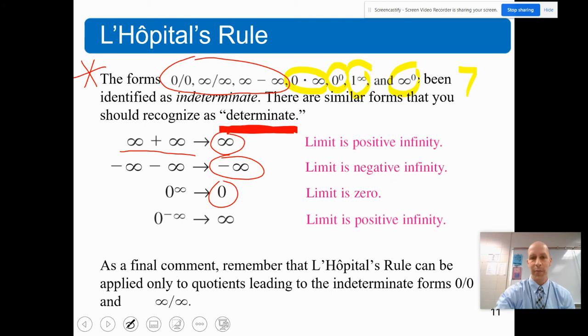Notice that's a little bit different than this one up here: 1 to infinity is indeterminate. And 0 to the negative infinity is infinity. Okay. Final comment on this: all of these other forms over here can be reduced to these two here.